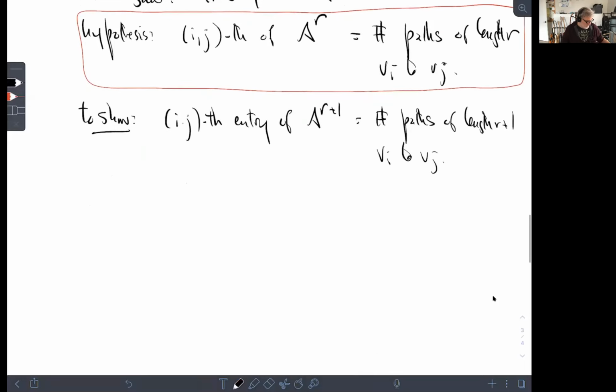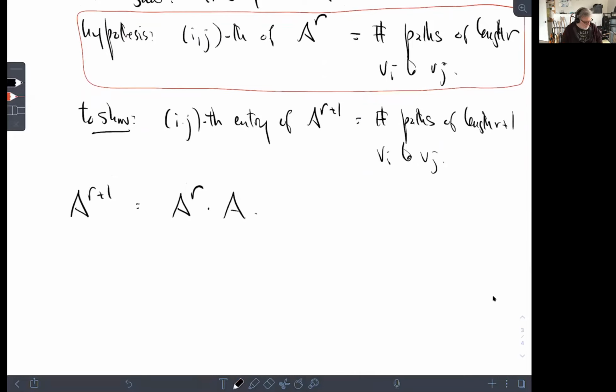So basically, how do you get A to the r, how do you involve the induction hypothesis? Well, A to the r plus 1 is A to the r times A. That's the key.